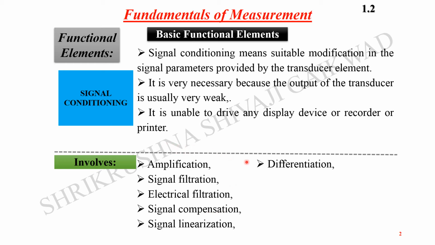It also involves differentiation, integration. Then sometimes we need to convert the analog or electrical signals into the digital format. Nowadays we are living in the digital era, so sometimes we require that signal to be in the digital form. Signal sampling also comes under signal conditioning.